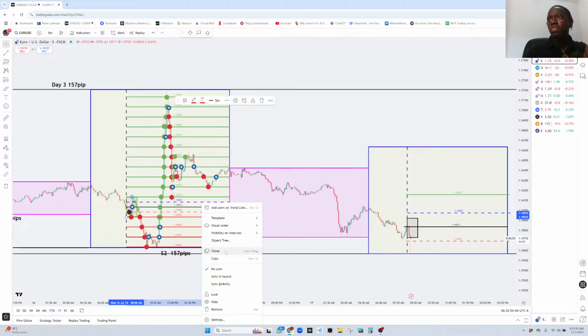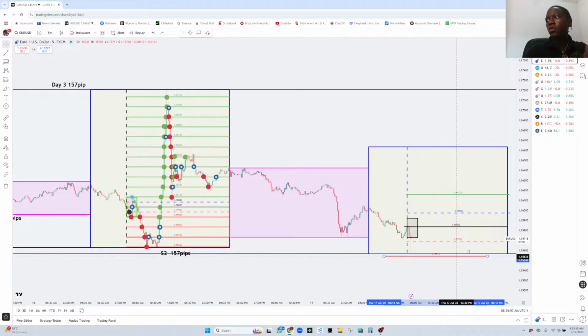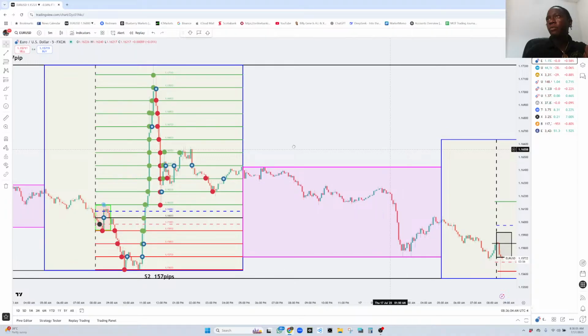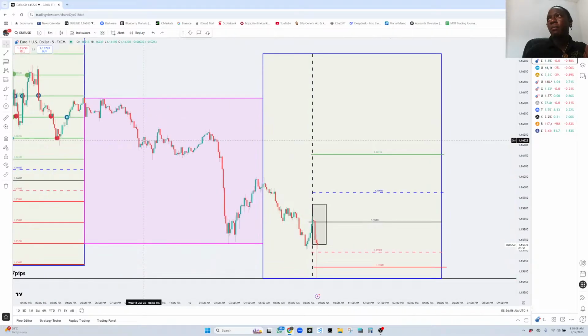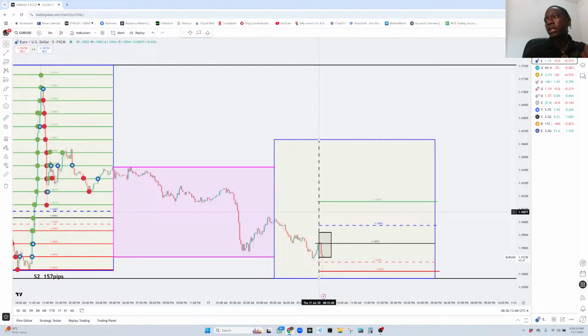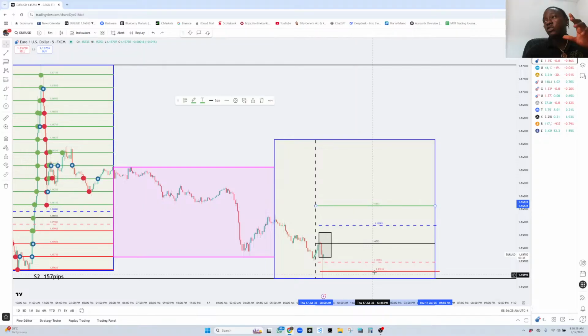Using these lines right here, I am going to build myself my trading range. I trade between a 20 pip range because I know that every day from 8 a.m. through 5 p.m., markets will move at minimum at least 20 pips every single day. Doesn't matter what type of day it is: consolidation, bullish, bearish, summer, winter, fall, spring. But I trade within 10 pips of range.